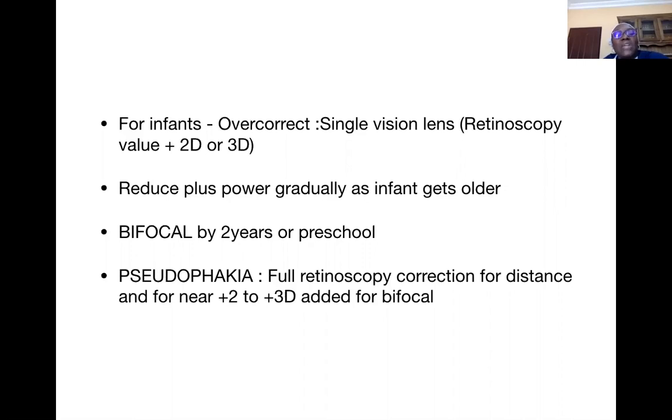Then also those that are pseudophakic, because sometimes we don't really get the right IOL power for these children. And we know that the axial length increases rapidly from birth, and after then it goes on gradually. So we don't always get the correct IOL power. You find out there's some residual refractive error. So we need to correct that so that their distance vision can improve and they have a normal visual function.